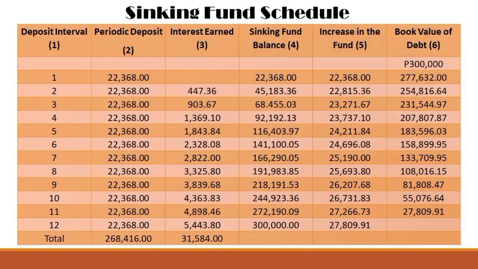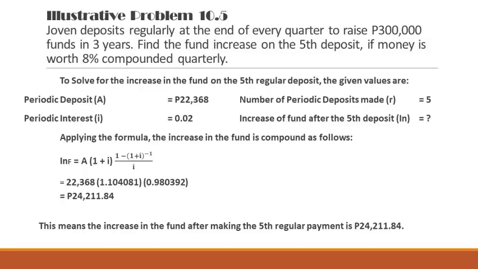The above computation means that the balance of the fund, that is the total amount of periodic deposits of 22,368 pesos and all the accumulated interest for 2 years, is 191,983 pesos and 85 centavos after making the 8th periodic deposit.